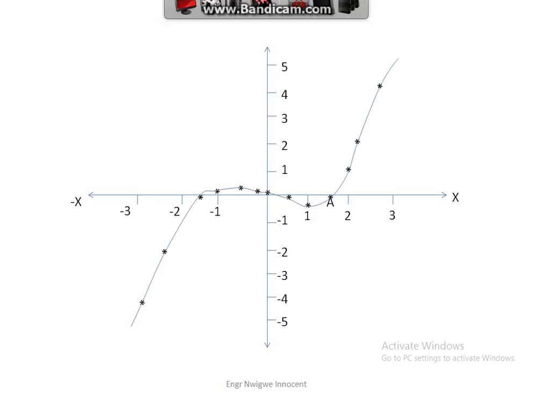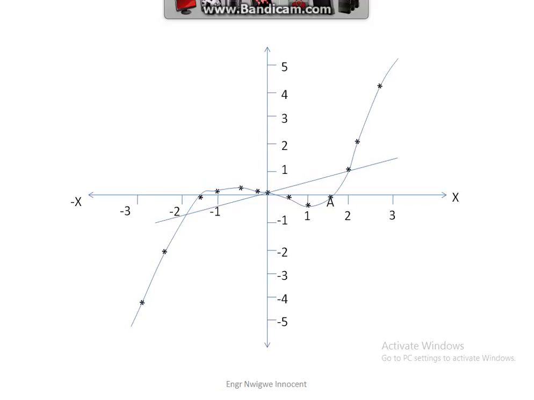Now for the table y equals 2x over 5, we now plot a graph. Since we have substituted x into the y to get our y, when x is minus 2, our y is minus 0.8.